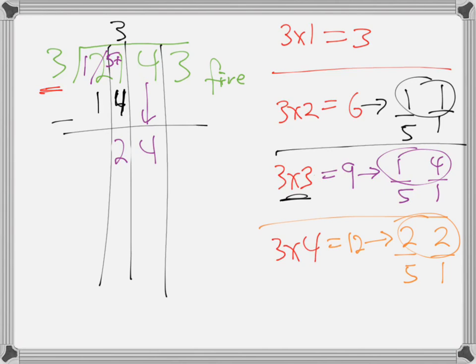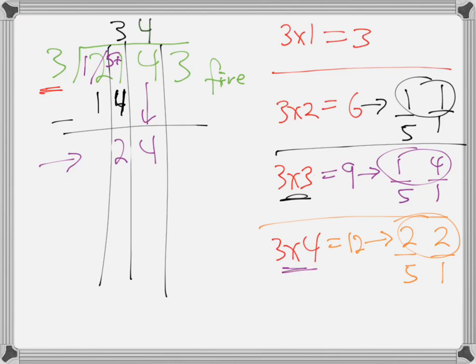I'll dive in. So what comes next? So now we're going 3 into 24. How many times does 3 go into 24? 4. Yeah, you see these numbers, 2 is the biggest amount that is under that. So we're going to go in there 3 times 4. So I'll do that.